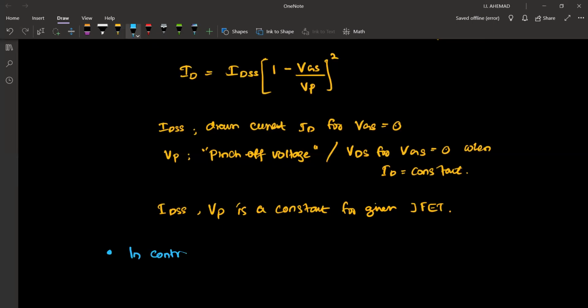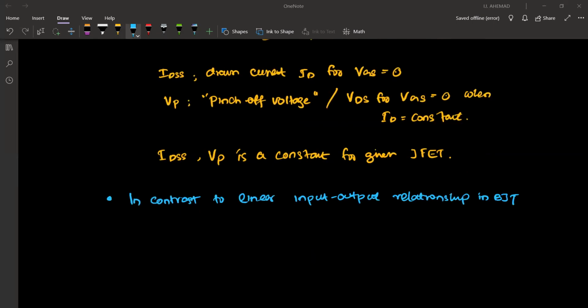In contrast to the linear input-output relationship in BJT, where IC is equal to beta times IB, the input-output characteristic is non-linear for JFET.